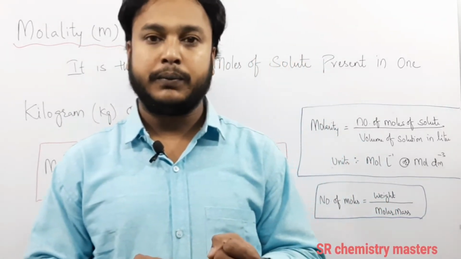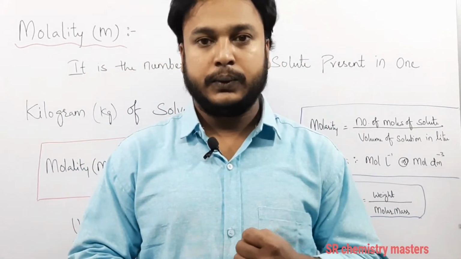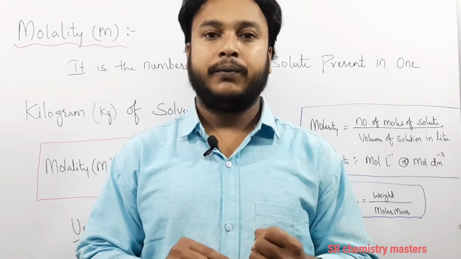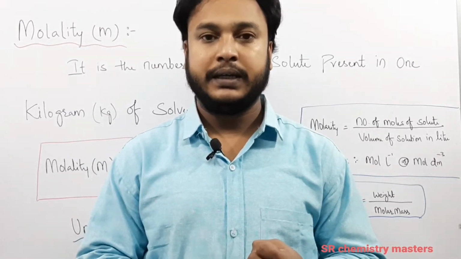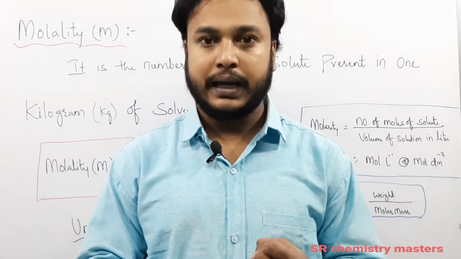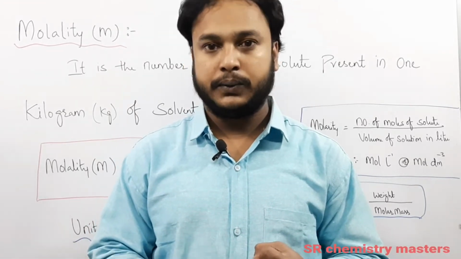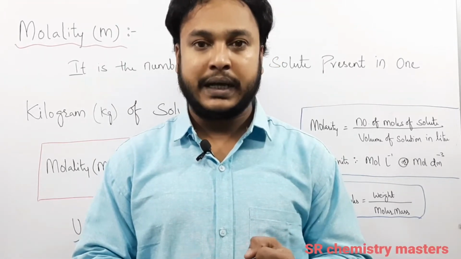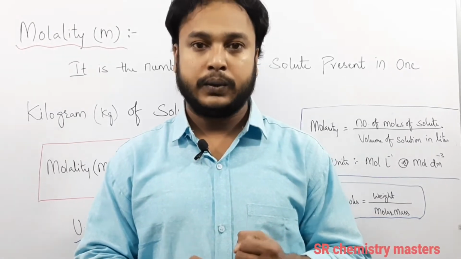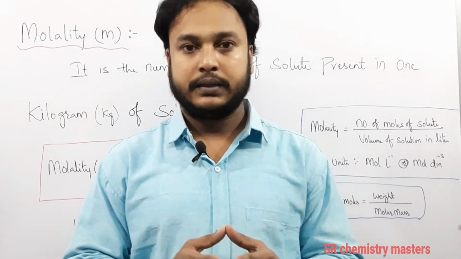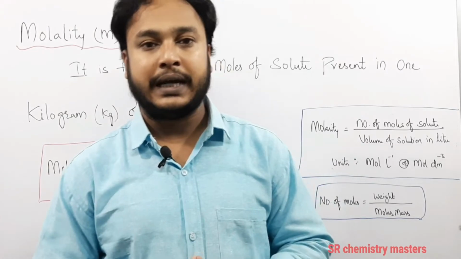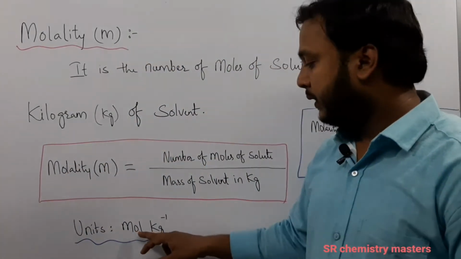Molality is the number of moles of solute dissolved in 1 kg of solvent. Here we are taking solvent, in that solvent we are dissolving solute, and the solvent in molality is taken in kilograms. And when it comes to the units, the units of molality are moles per kg.